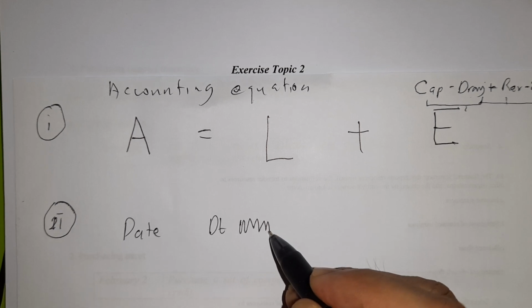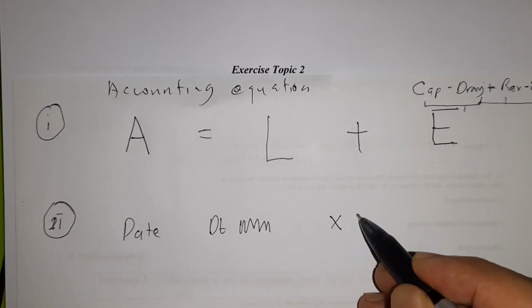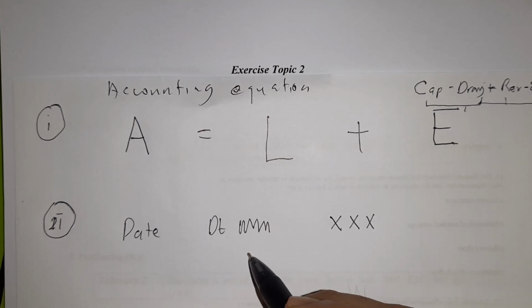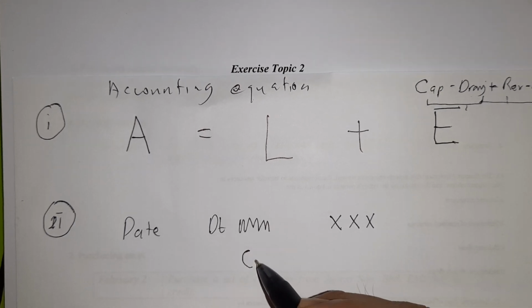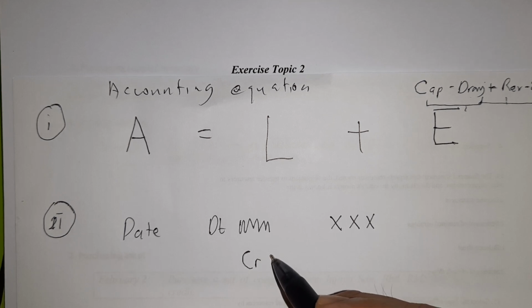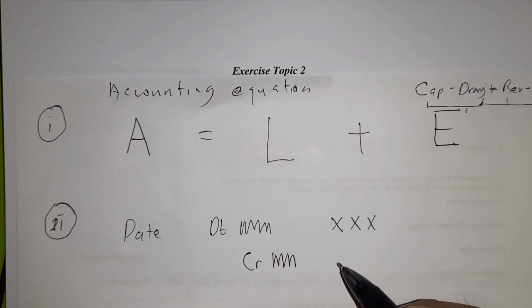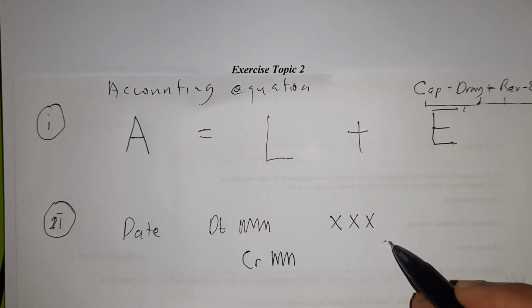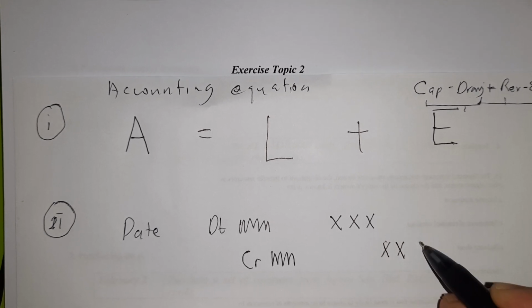something, and then you have to show the amount related to the transaction, and also you have to show the credited account, bank or anything, and then you have to show also the amount related to the transaction.